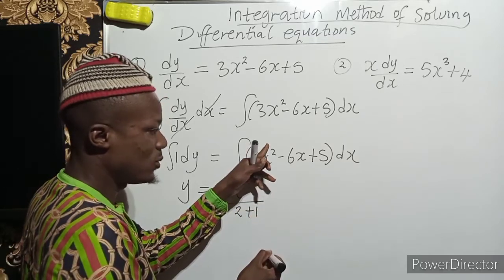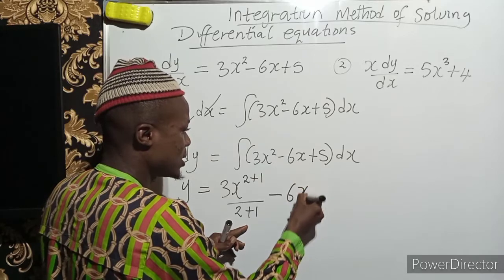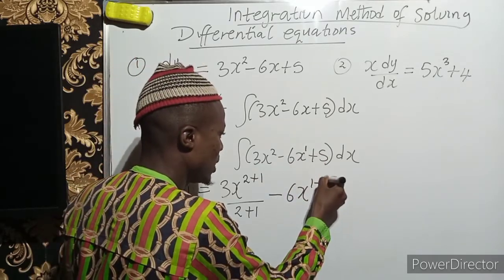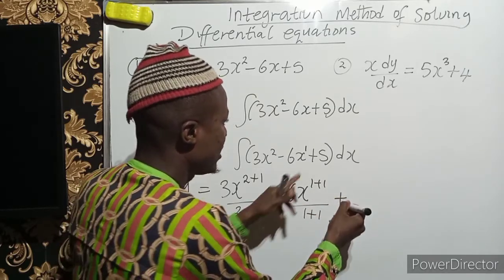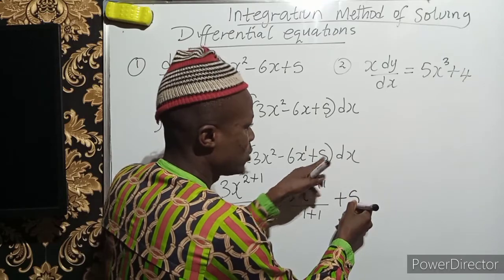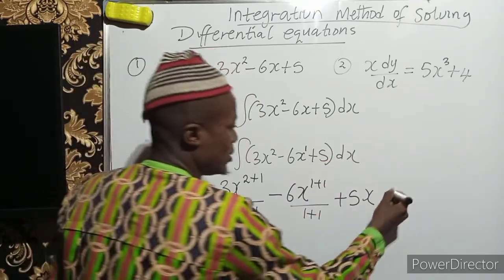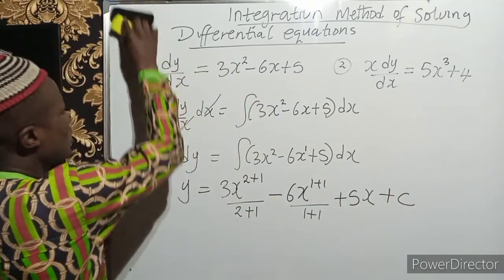You add 1 to the power, and bring it down also. That's how to integrate. Minus 6x. This has no power, but just know that the power is 1. 1 plus 1. Bring the same thing down, 1 plus 1. Plus, if I integrate a constant with respect to a particular letter, the letter will be there, just like I did here. Plus c. So I will clean up here to complete this solution.